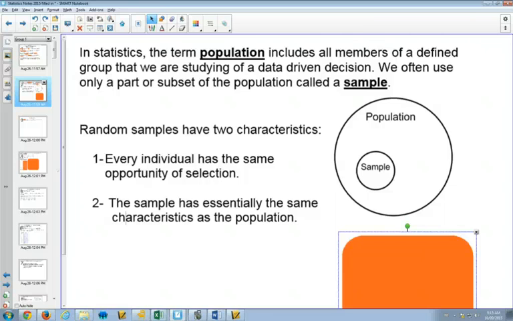Now, we often want to look at random samples, where everybody has the same chance of being asked, because hopefully that sample is then the same as the population. Depending on how big your sample is, you're going to get a better representation of your population. So a lot of statistics looks at how big of a sample we need to be sure that it represents what the population says.